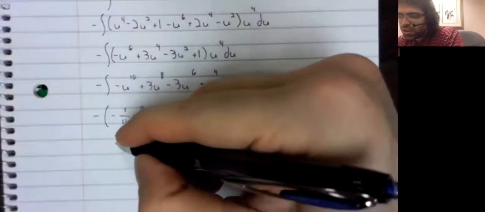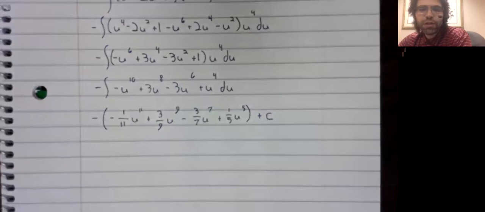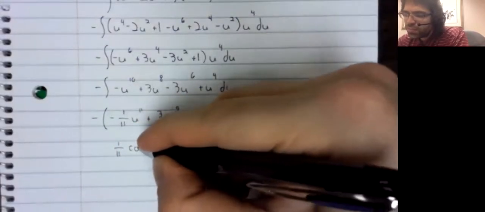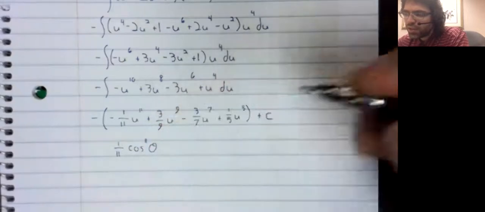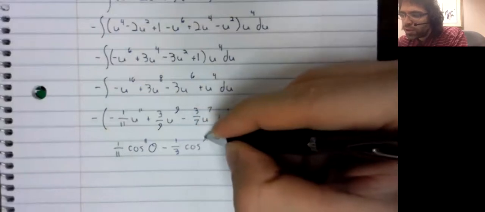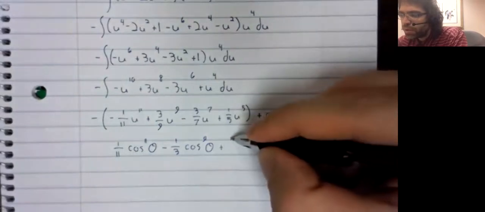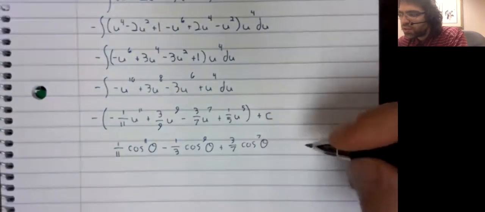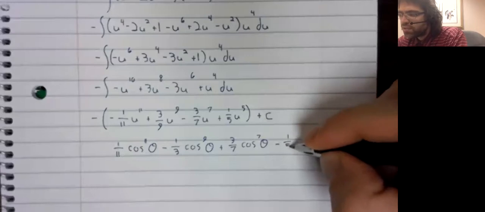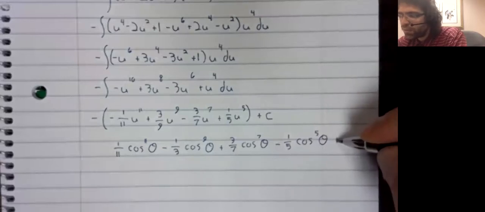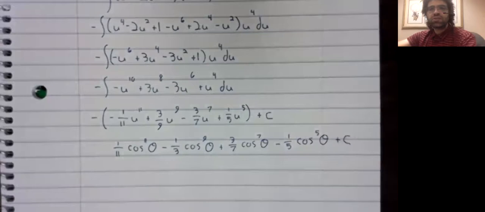So in terms of the variable we actually want, let's also distribute this negative sign. 1/11 times the cosine to the 11th power minus 1/3 the cosine to the 9th power plus 3/7 the cosine to the 7th power minus 1/5 the cosine to the 5th power plus a constant.